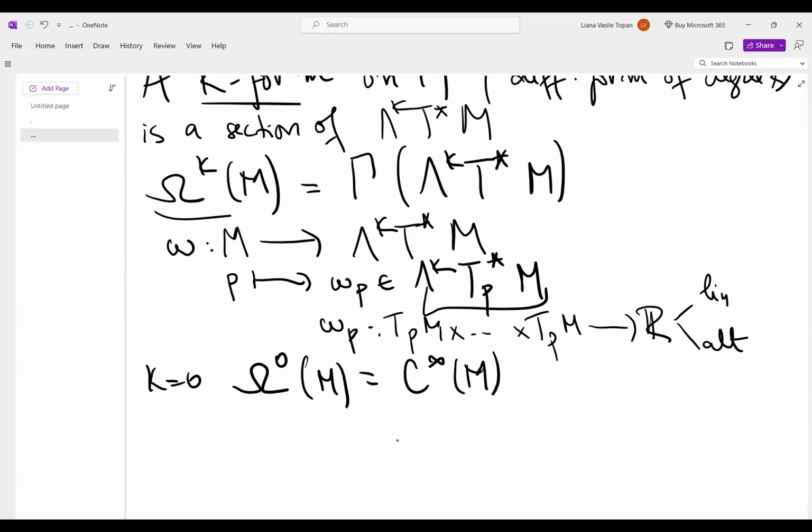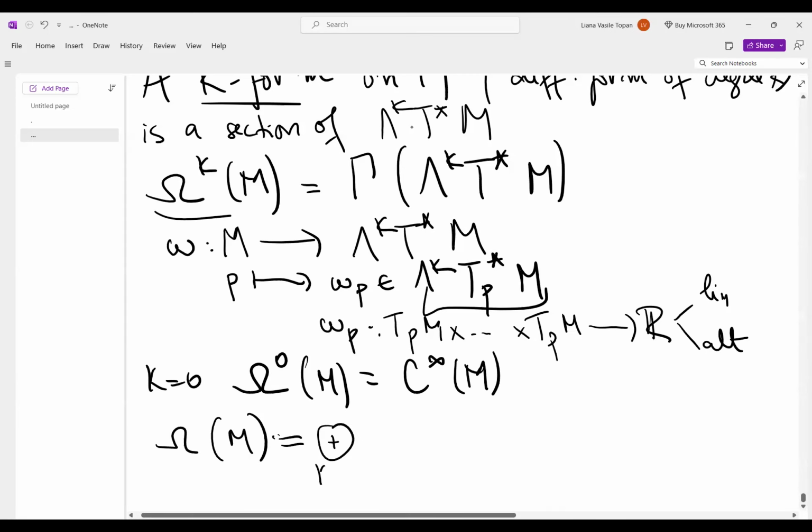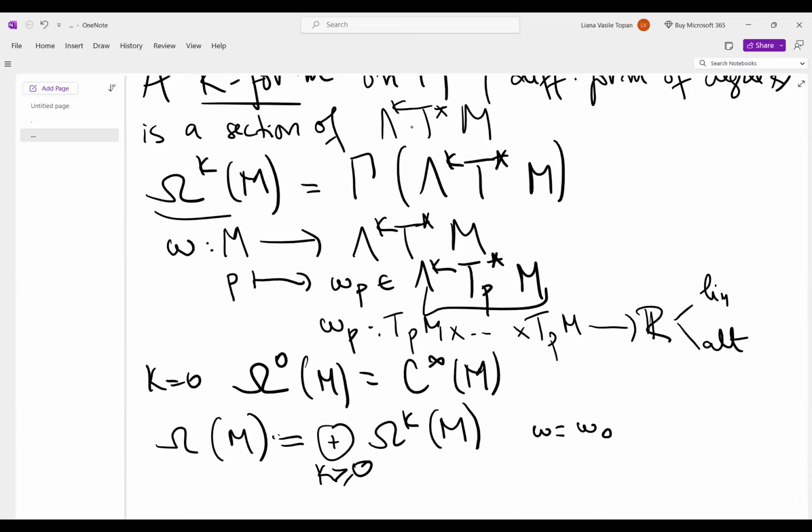All right. Now, the wedge product can be defined, so we denote by something like this the direct sum of the spaces, like you've seen previously on the other product, which means that every differential form will be a differential form of degree 0 plus 1 in omega 1 plus up to something like that.